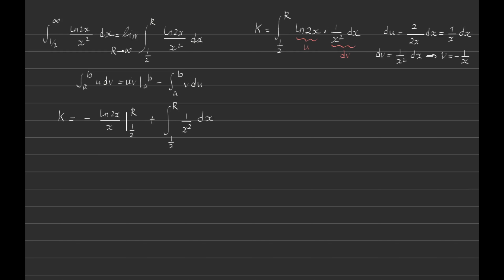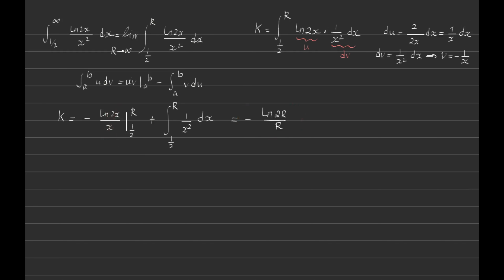Now here I replace x with r, so it becomes minus ln of 2r over r, and then minus minus becomes plus, but I have to replace x with 1/2. If I replace x with 1/2, ln of 1 is 0, so it vanishes. So that's the only thing that I get.